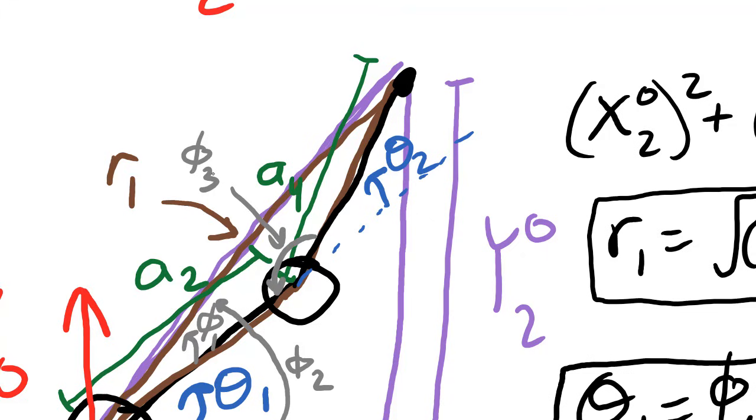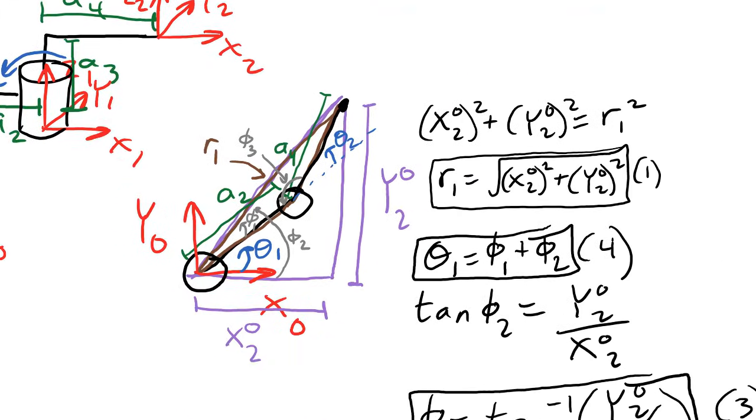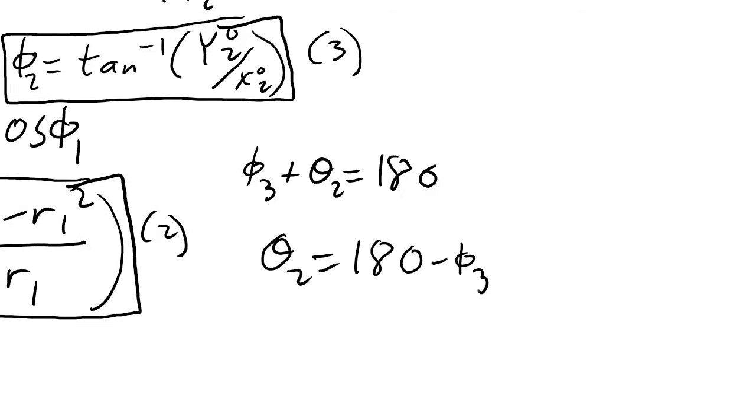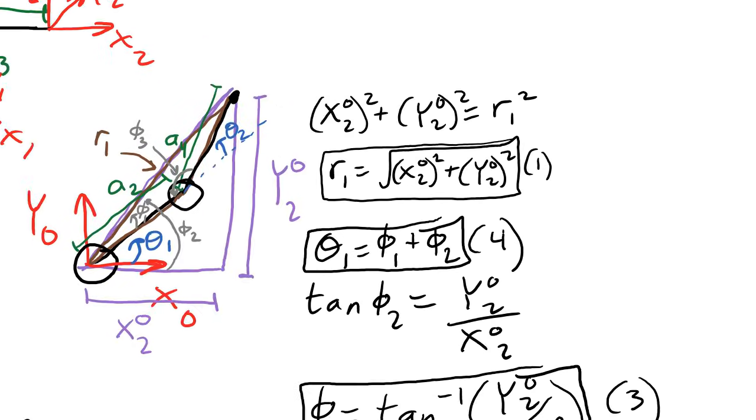So phi 3 plus theta 2 is 180 degrees. Let's write that down. So we can say that theta 2 is 180 minus phi 3. If we could find an expression for phi 3, we would have theta 2.